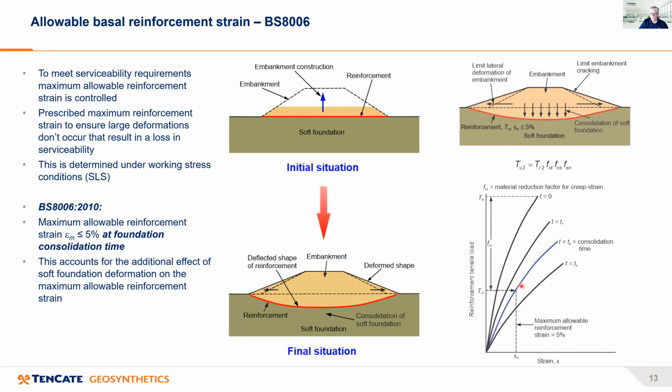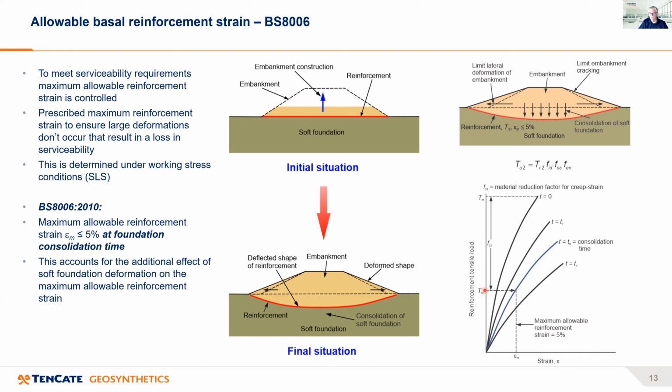So this blue curve here. The shape of the curves of the reinforcement can change with time, but it's this particular curve at the consolidation time, whether this be at 5 years or 10 years or 15 years, that's important. And so we apply a maximum reinforcement strain of 5% at the consolidation time of the soft foundation.